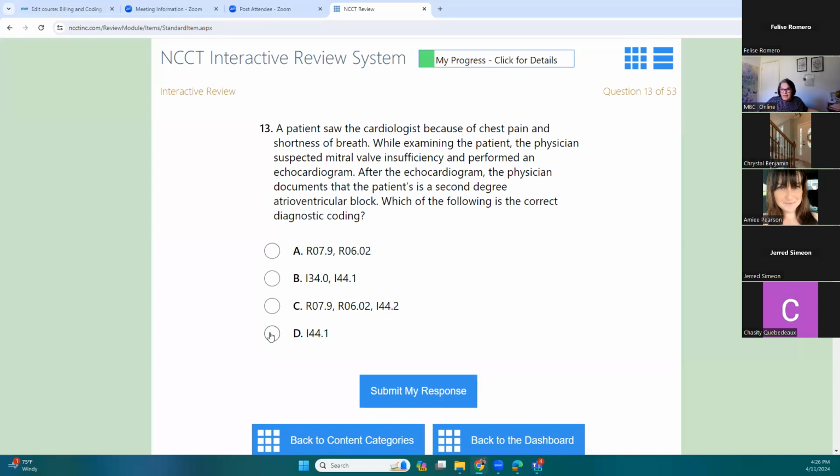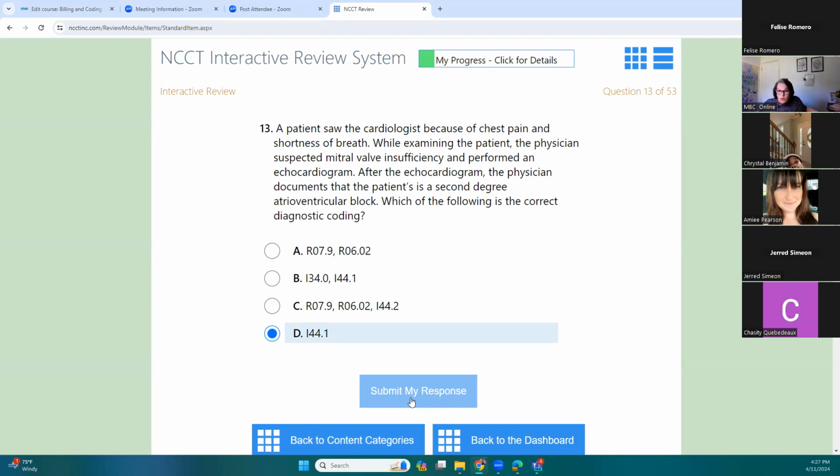So that's why it's just the one code. Does that make sense? So this blockage is the major thing, and the shortness of breath and chest pain are just a result of it. Does that make sense, everybody?